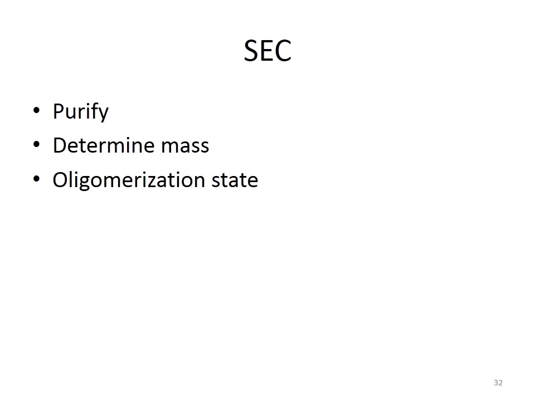This is called a denaturing condition, in which the subunits are dissociated from one another. For example, we can add a detergent to dissociate the protein subunits. And then we carry out size exclusion chromatography again.